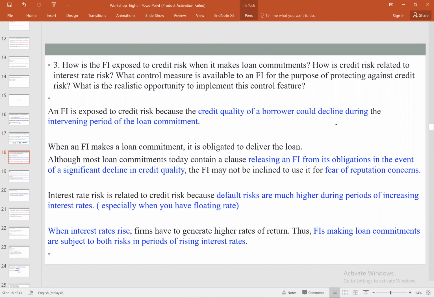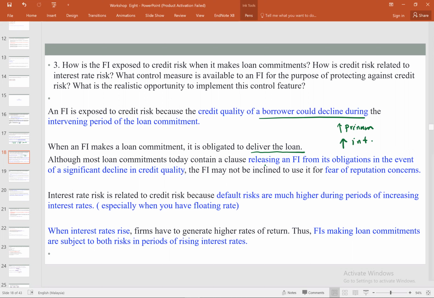So you are obligated to deliver the loan, even if there is a decline in the rating. Because if there is a decline in the rating, the premium should increase, which means interest should increase. But actually, you cannot do that because you are obligated.